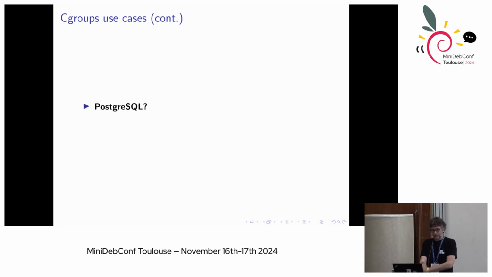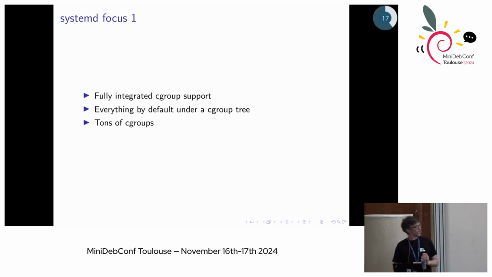So the idea is to get that in PostgreSQL. Really. The idea is to get a fully integrated support because, as I said, in PostgreSQL we do forks. We do a lot of forks. And so it's not convenient from outside of PostgreSQL to attach PID to new cgroup.